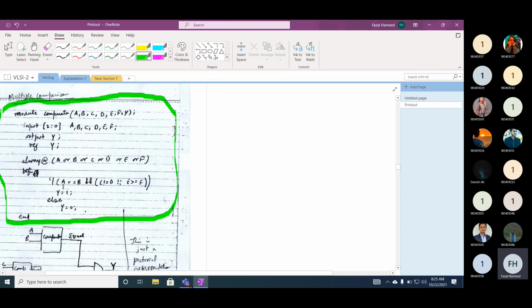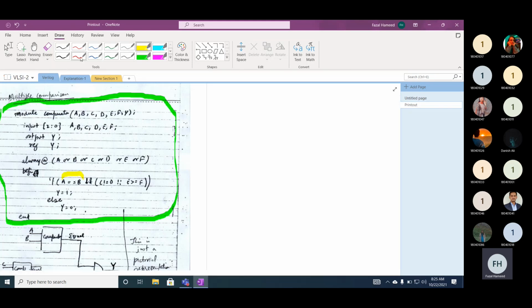now if A is equal to B, it is highlighted, and let's assume this signal is T1. The output of this comparator, let's assume, is T1, because you want to instantiate it in hardware.